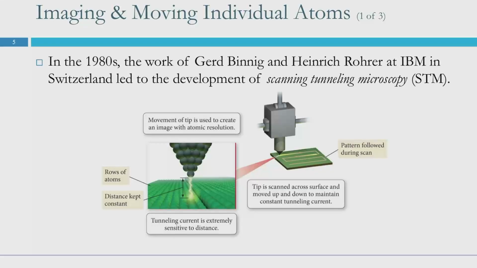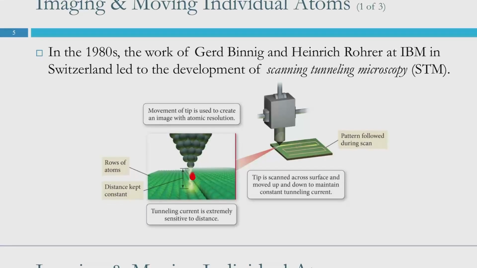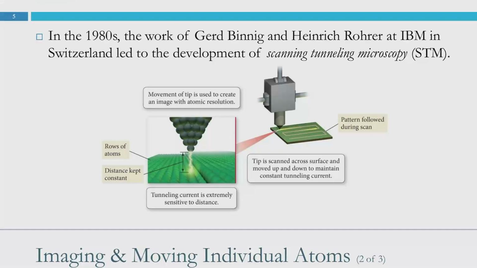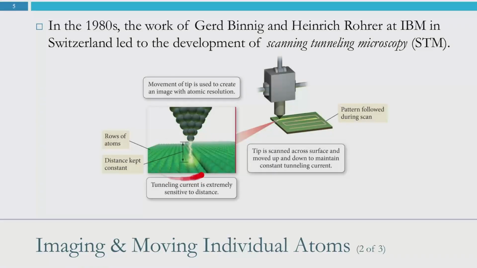It's got a little bit of an electric force that it can detect, and it can move up and down, or it can detect the current over this distance. It's basically like a little tiny scanner that goes back and forth that they can use to take pictures of atoms because of how small the little tip here is.